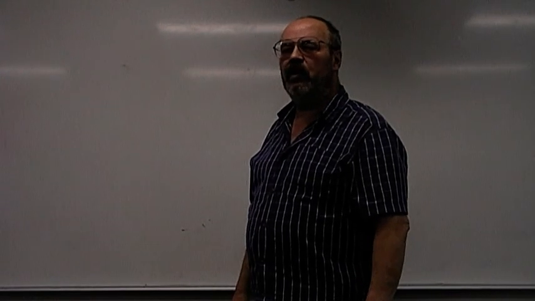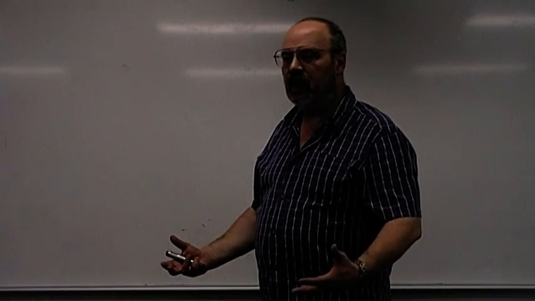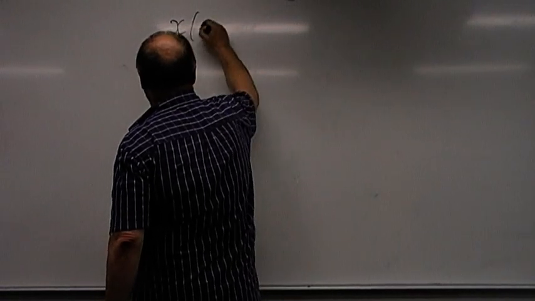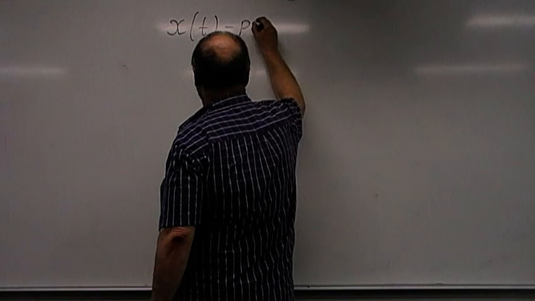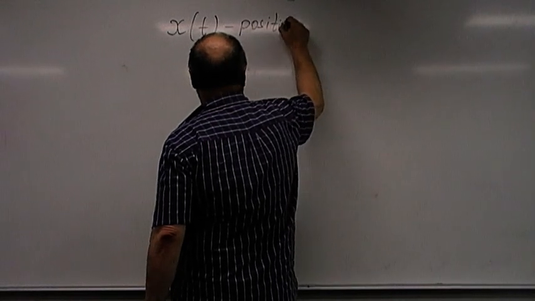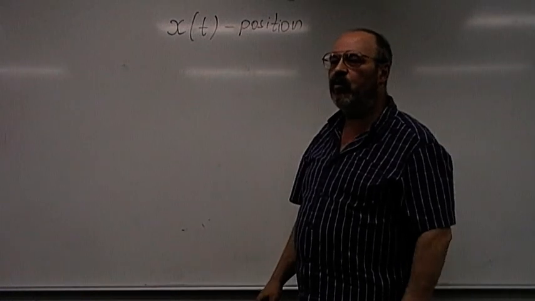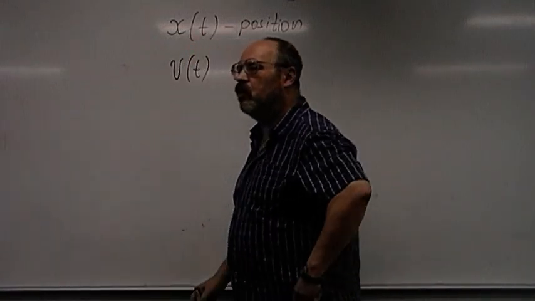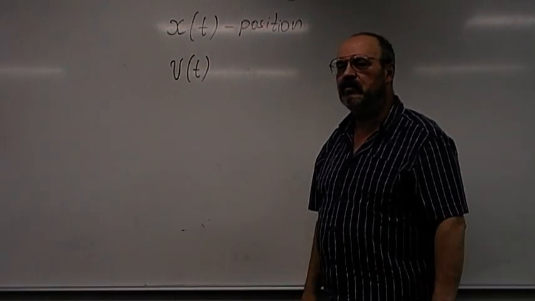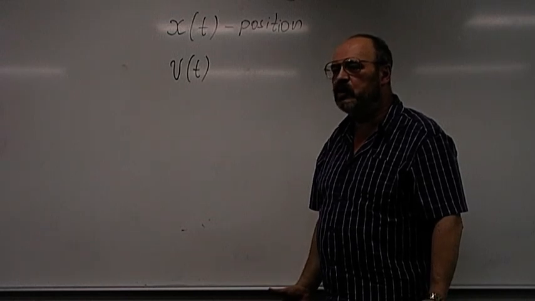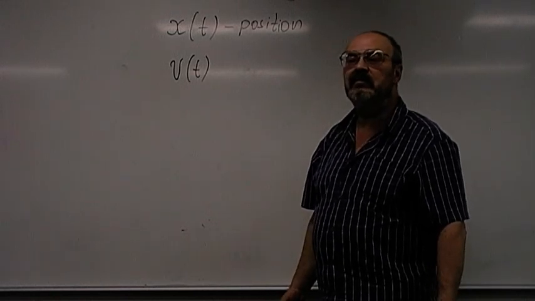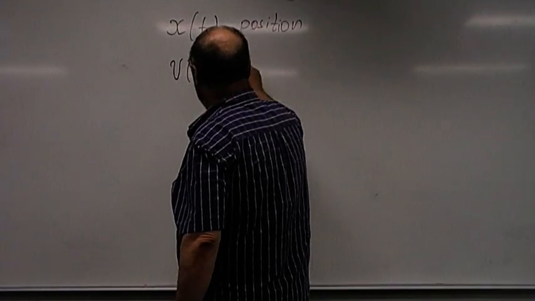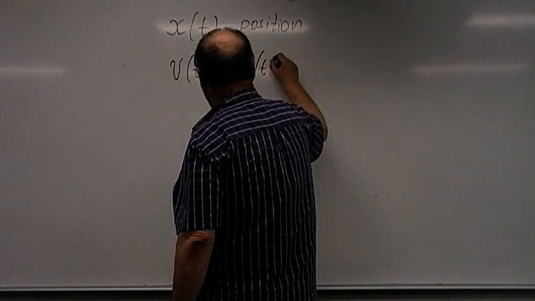When you were learning differentiation, you learned that if we have x, position, as a function of time, then we find the velocity as how position changes over time, the gradient. So velocity is the derivative of the position.